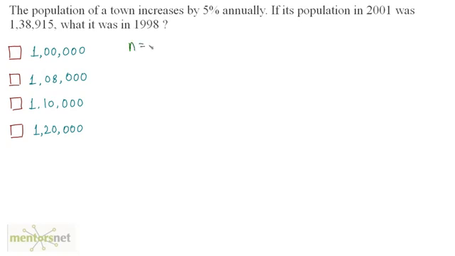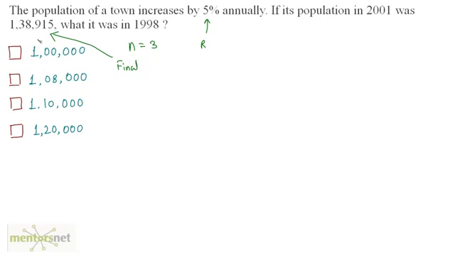Therefore, I can write n is equal to 3. We have this 5% as the rate, and this is the final value of the population, because it is given that the population in 2001 was 1,38,915. What it was in 1998? So we have to find out the initial value of this population, right?